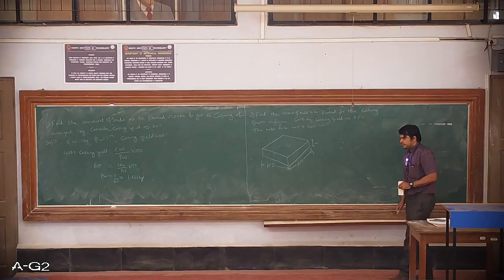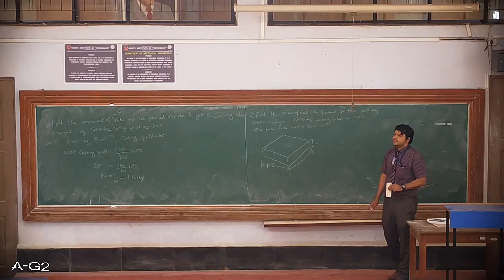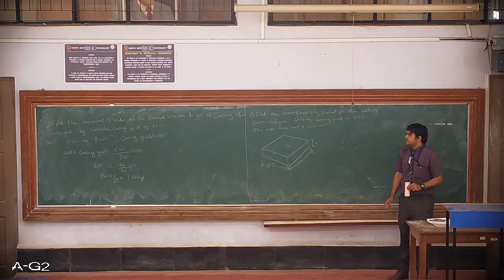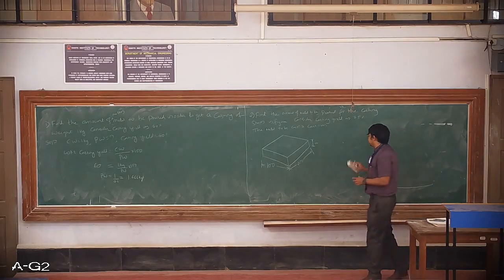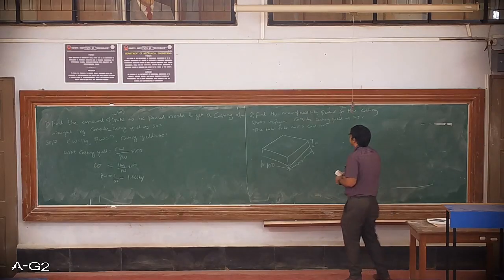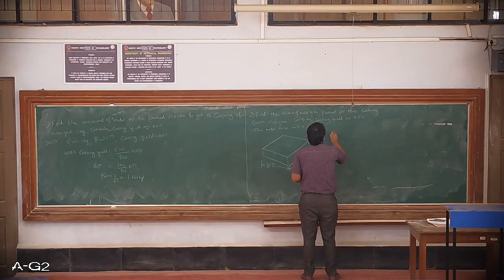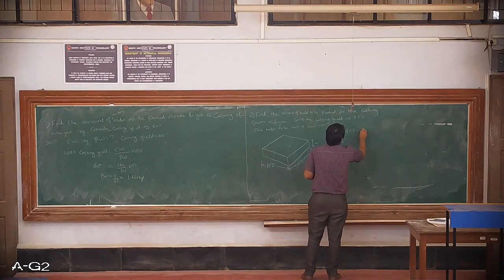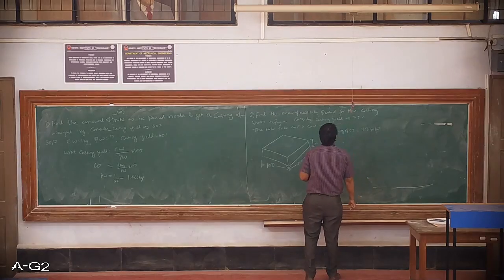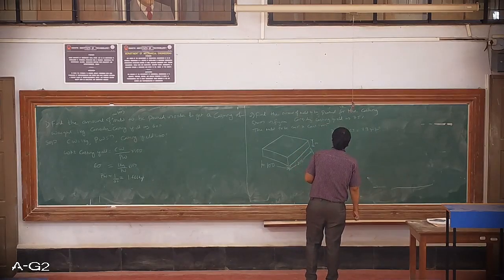Here we are going to consider the metal as cast iron. So the density of cast iron is how much? Density of cast iron is 7.3 grams per centimeter cube.